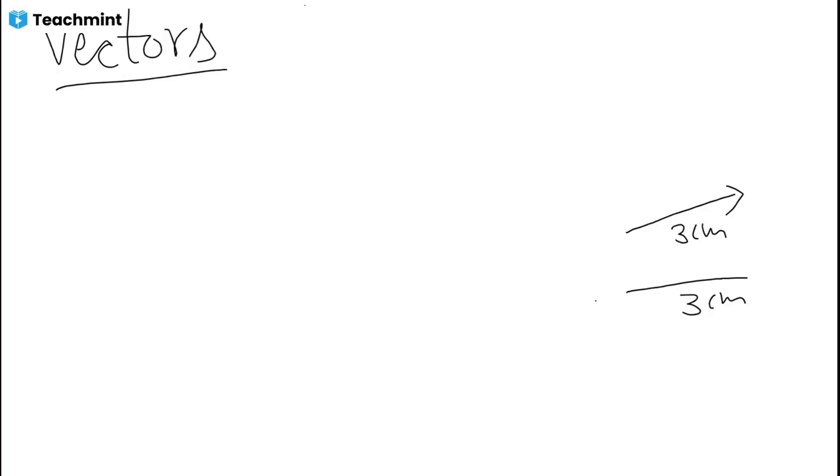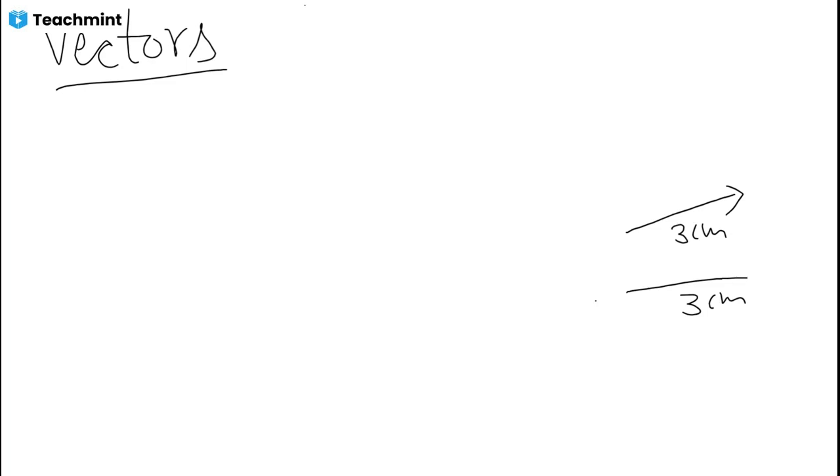Any vector can be represented in the Cartesian plane. You know very well, it is where we draw the graph having x-axis and y-axis in two-dimensional space, and in three-dimensional we have the z-axis also.